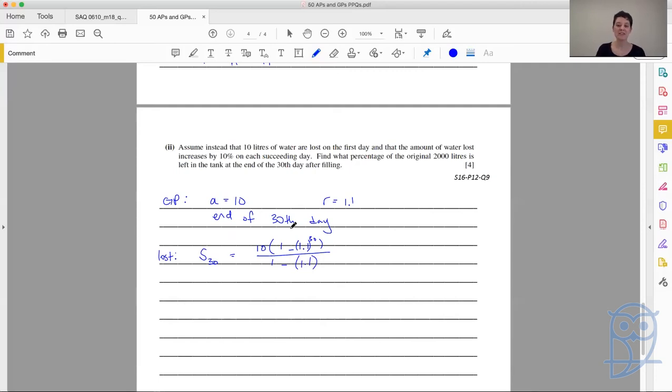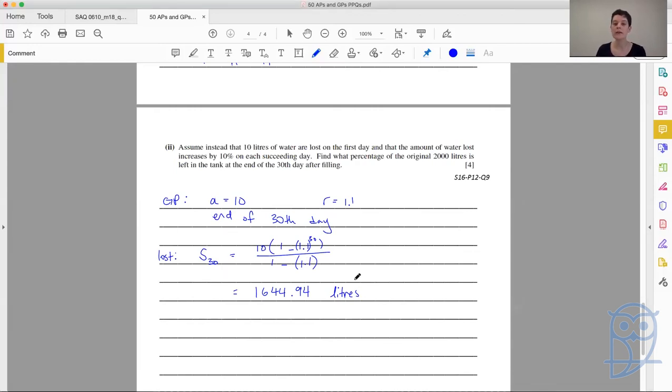Now I know this is back to front a bit because 1 minus 1.1 is going to give us a negative answer, but A over 1 minus R is the one that sticks, and so this is the formula that I use. When you plug it into calculator, you're going to get negative over negative, get a positive. Anyway, we're sorted. So S of 30 equals 1644.94 liters that have been lost after those 30 days.